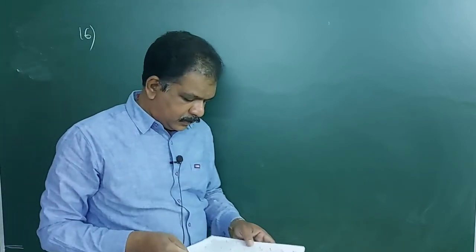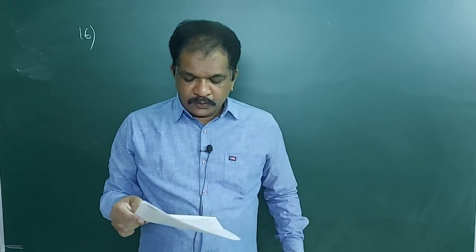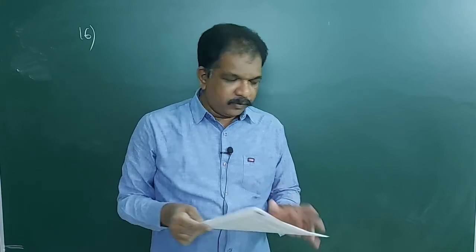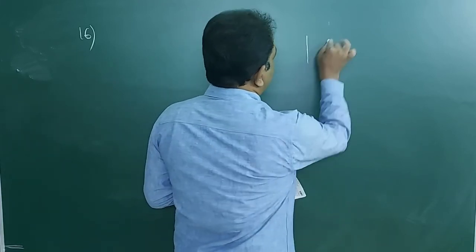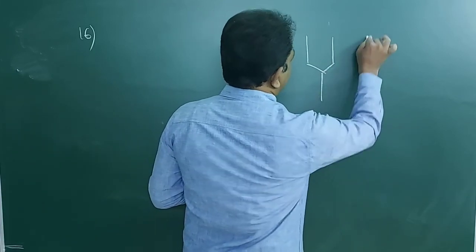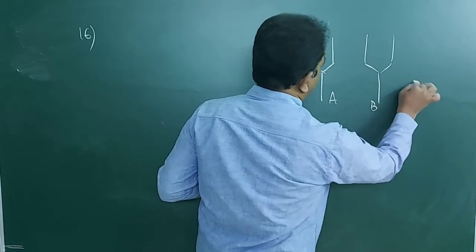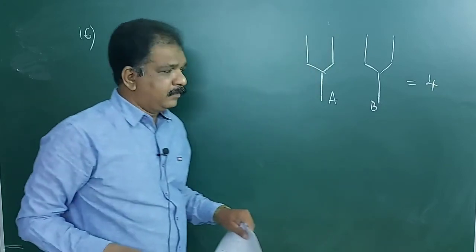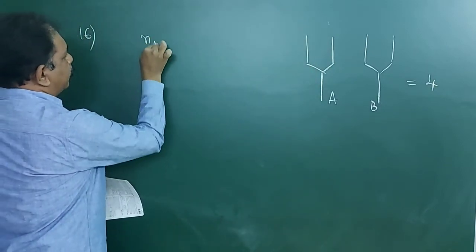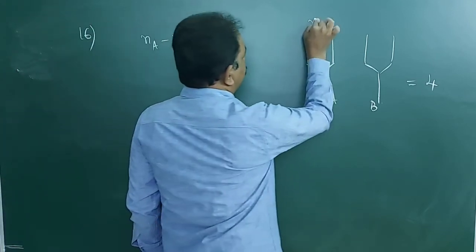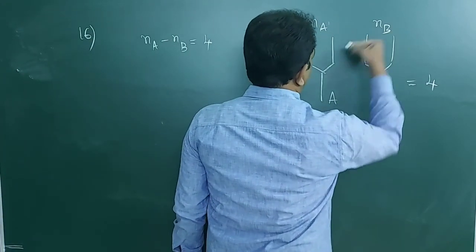Next, 16. What they are asking, see. When 2 tuning forks A and B are sounded together, 4 beats are produced. Here this is A, this is B. When these 2 are sounded, how many beats are produced? 4. nA, nB.